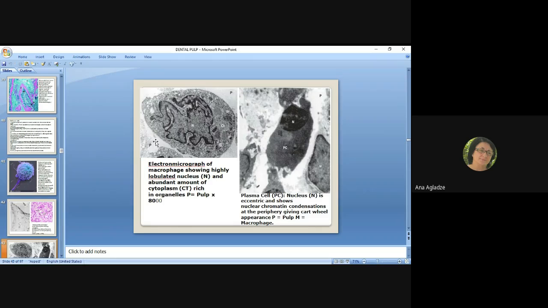These granulocytes can leave the bloodstream via diapedesis. Diapedesis means that they are spherical in the bloodstream, but in connective tissue they acquire an amoeboid shape, and they can move in the connective tissue and are directed to the sites of infection or inflammation.